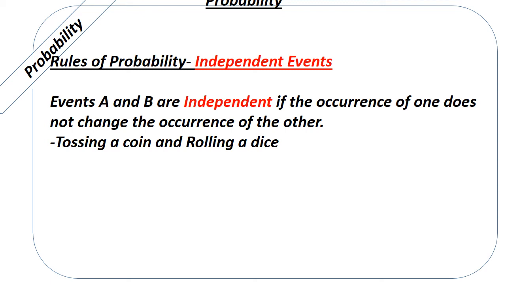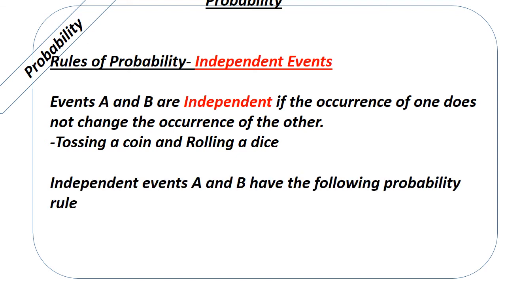If you have a coin in one hand and a dice in the other, then you roll the dice and toss the coin. Getting a head on the coin will not affect the chances of getting, maybe, number 1 on the dice. They are independent. Whatever happens with one does not affect the other. So these are independent events.